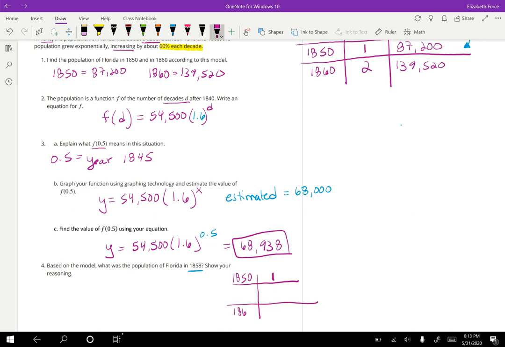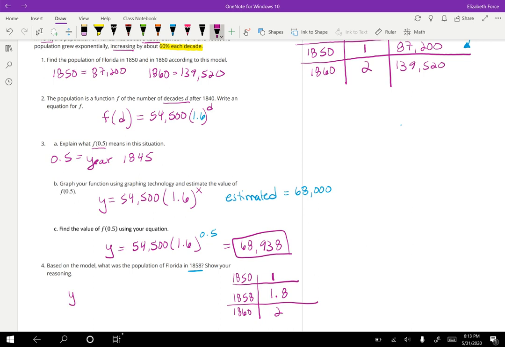And 1860 is an input value of 2, then 1858 is 8/10, right? 8 of the 10 years of your decades have gone by. 8/10 is the same as 0.8 as a decimal. So I'm going to write this as 1.8 as my input value.